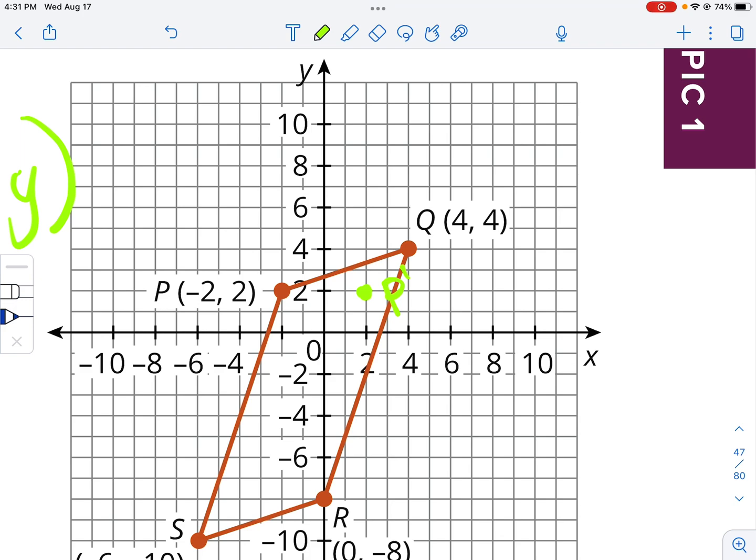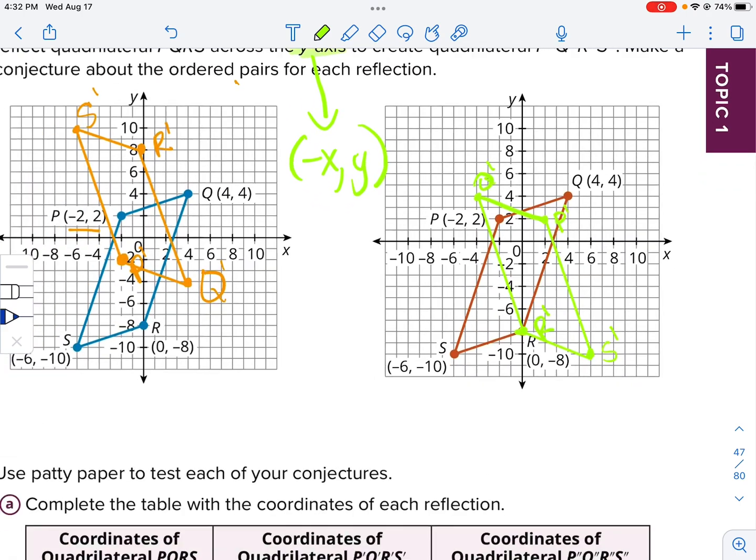This would get me Q prime. This would get me S prime and R prime. There we go. There we are. Much better.